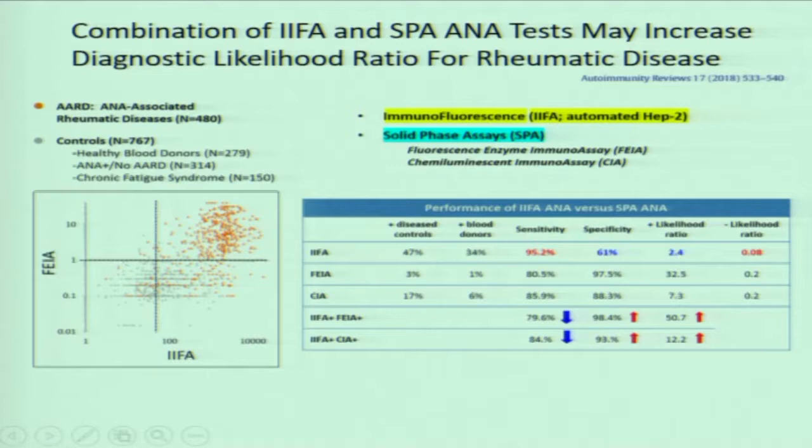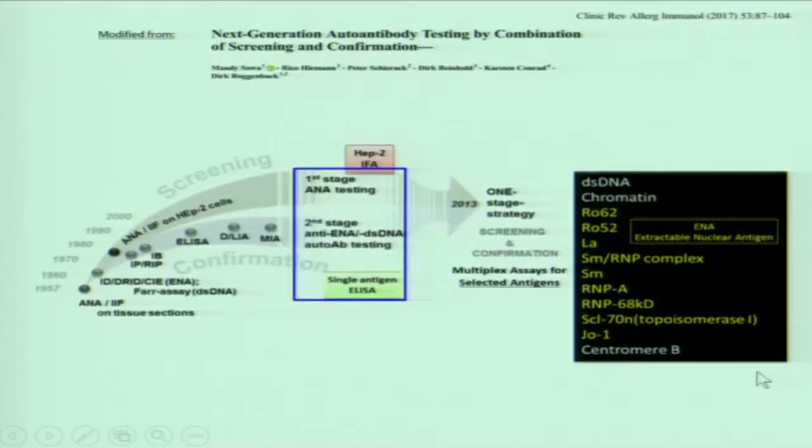So there may be a role for combining the two for screening. And as the solid phase assays keep getting better, validated, consistent, and include more and more antigens, then our view might change, okay? But this is the way it is right now, really.